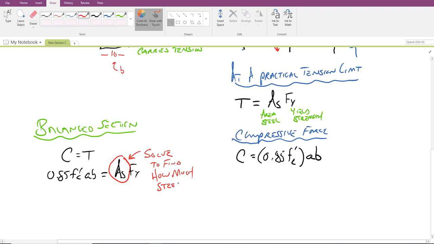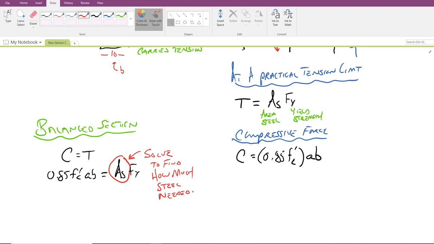I've already given you a table that you can use to calculate the percentage of steel needed for a balanced section. But here's the deal. A balanced section is not practical for design; we often use what we call an underbalanced section.